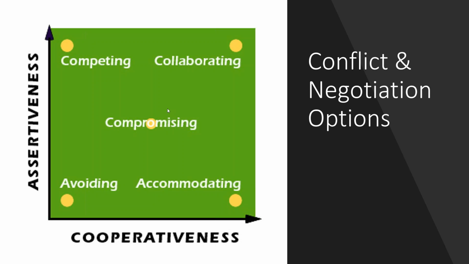All right, so let's now go across here to avoiding. Now, you might think, well, that doesn't sound like a very good approach to dealing with conflict, to avoid it. But there is a time and a place where it's perfectly appropriate to avoid. Let me give you an example. Let's say, for example, that somebody says something in a meeting and you don't have enough information at your fingertips to be able to respond to that at the time.